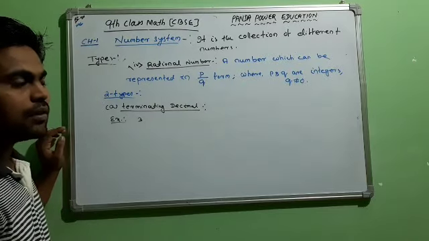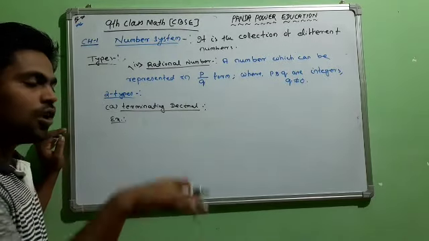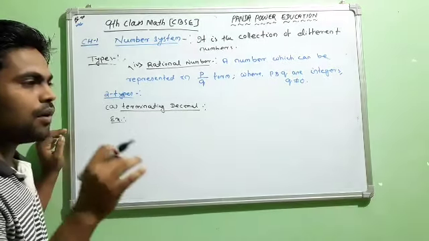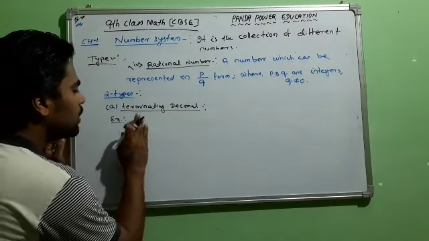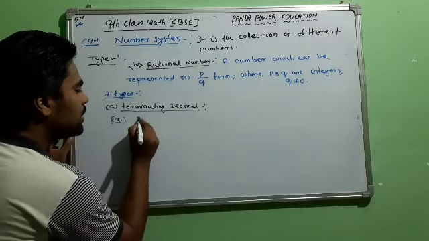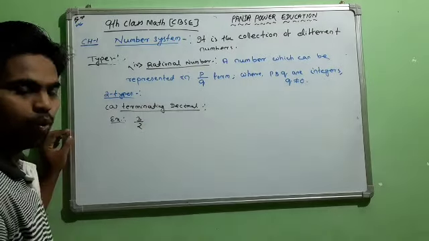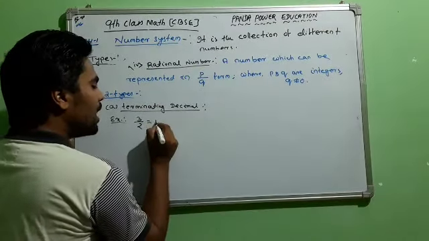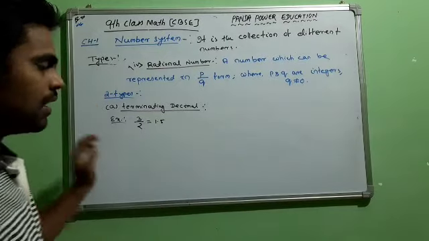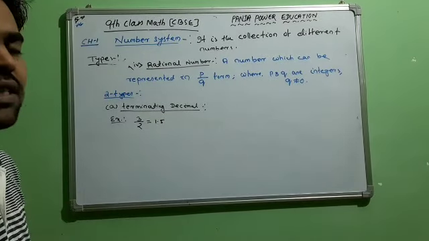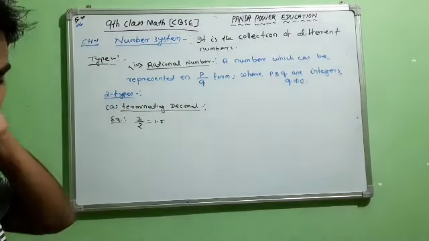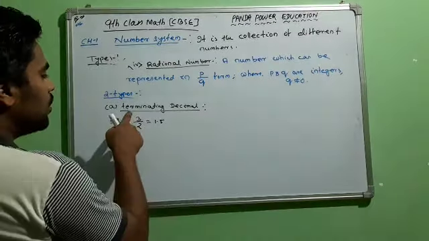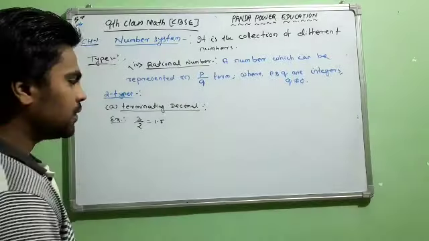Terminating means it stops: after the point the number stops. I'll give the example 3 divided by 2, that means 1.5. After 5, is there any number? Is there any repetition? No, so it is terminating.